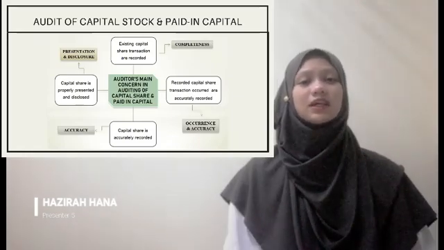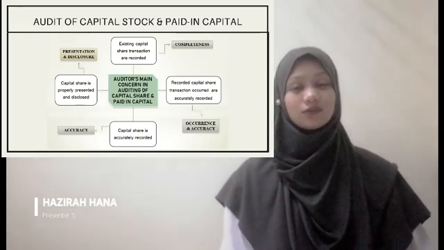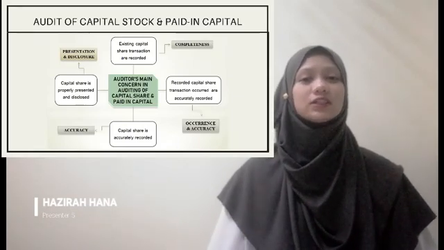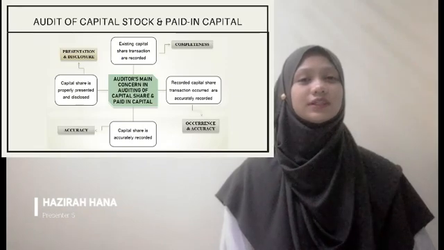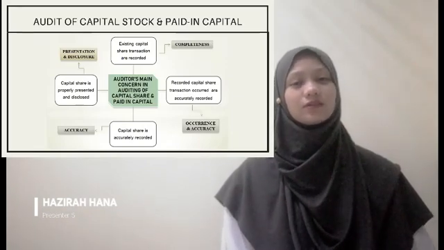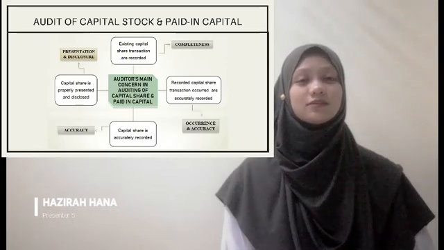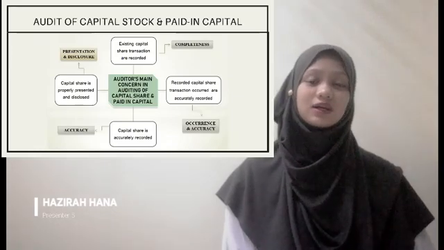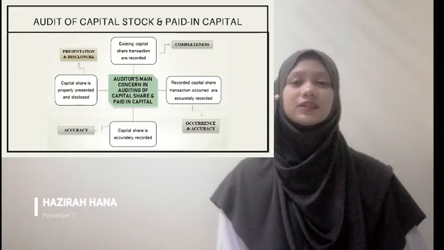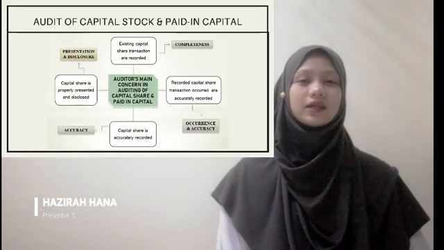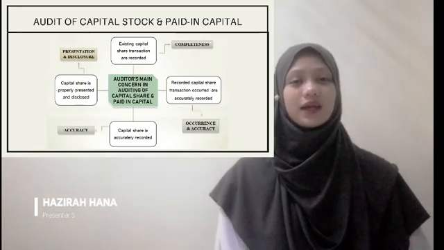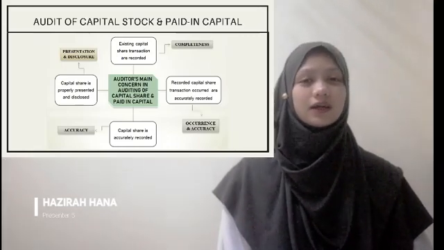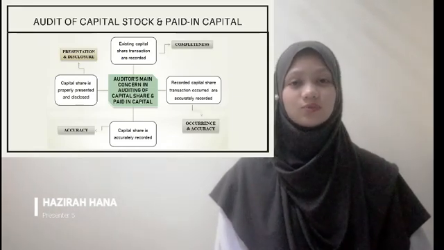The existing capital share transactions are recorded, which is related with the audit objective of completeness. In order to achieve this objective, the process can be easier if the company hires or employs an independent registrar or transfer agent, because the auditor needs to confirm with the independent registrar and share agents whether there are any capital share transactions and the accuracy of existing documents.